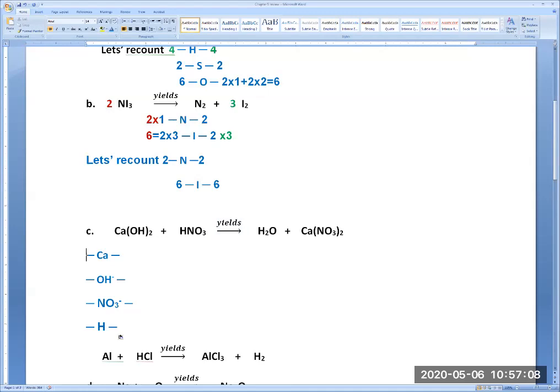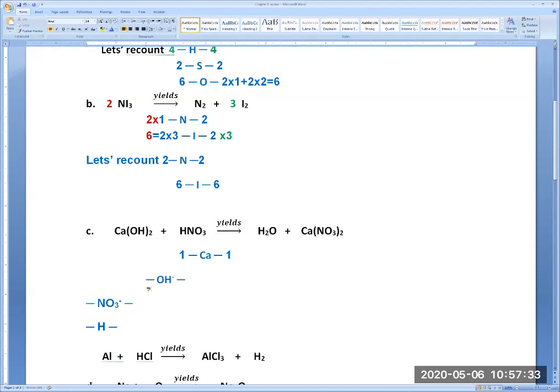So let's count the calcium. Calcium, we have one on the left, one on the right, from this formula. And there is no subscript after the calcium, so that implies it's an implied one.